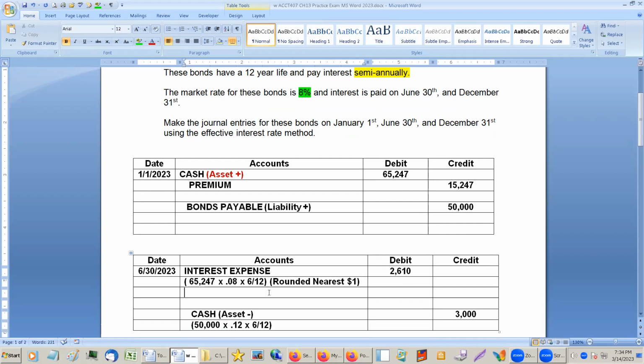Okay, so let's see. Our premium will go down, which will cause, oh, this is liability going down. Sorry. This will be liability going down by the difference there, 390.